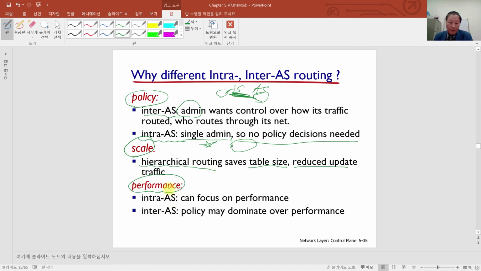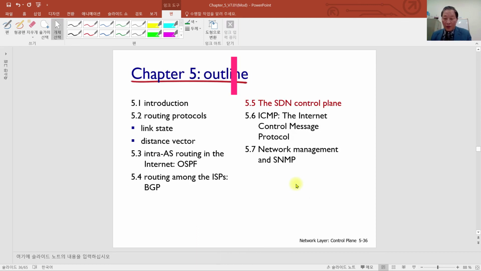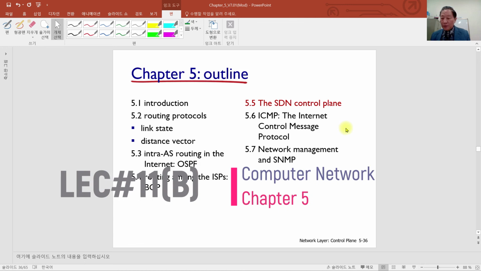In terms of performance, intra-AS can focus on performance internally, just to deliver the datagram to the destination. But for inter-AS, instead of performance, policy is more important. This one is dominating over performance. Okay, this is a good point to wrap up today's lecture.